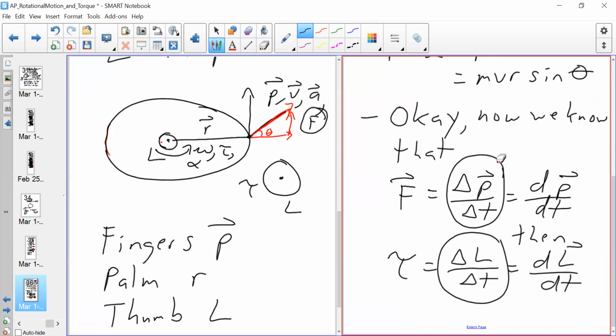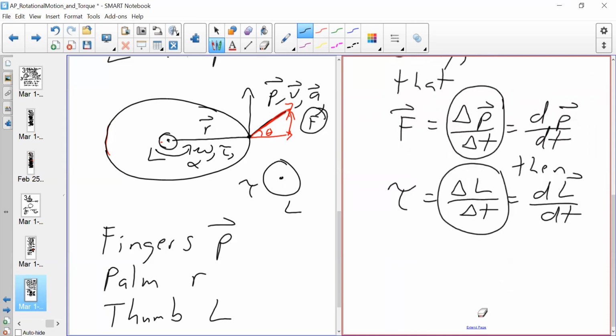I haven't seen too many problems where you have torque times time. You can talk about an angular impulse or something like that, but the idea is the same. Because force times time, change of linear momentum, well, torque times time, change of angular momentum.